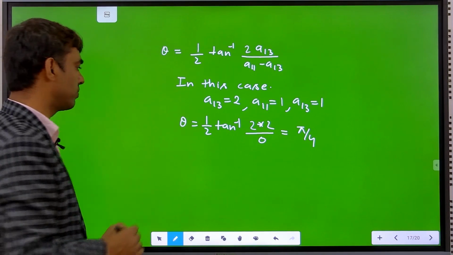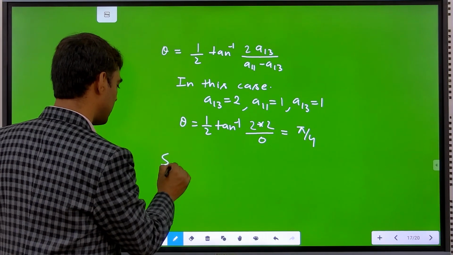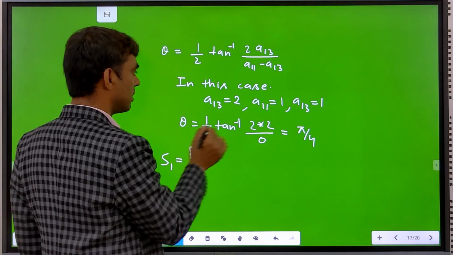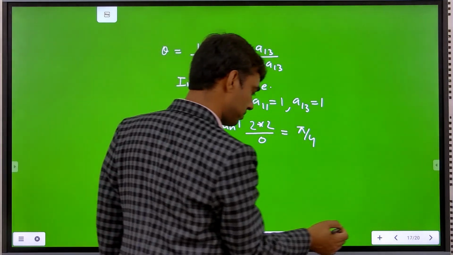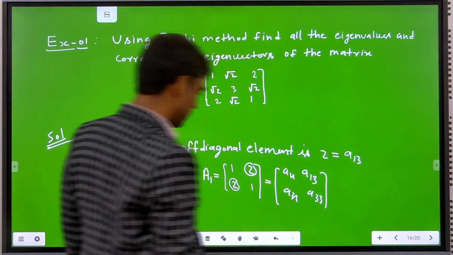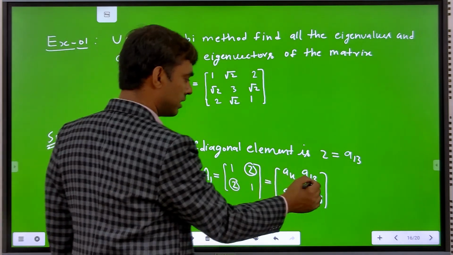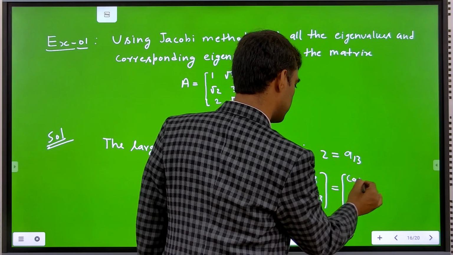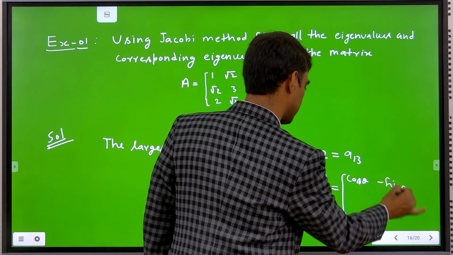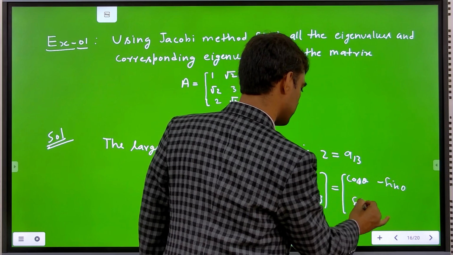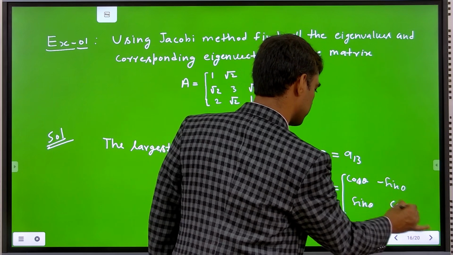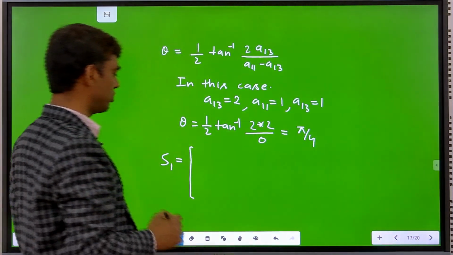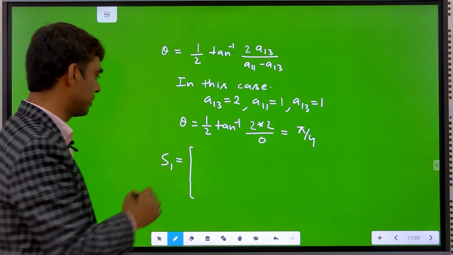Once we find the value of theta, what is S1?